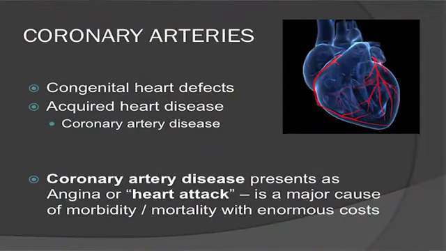We'll come to the risk factors which lead to acquired coronary disease. So essentially, the block in the coronary arteries which supply the heart leads to angina, commonly known as a heart attack, right? And it is a major cause of both morbidity and mortality, in the sense sickness and death, with enormous costs to individuals and to the community and to the population, right?